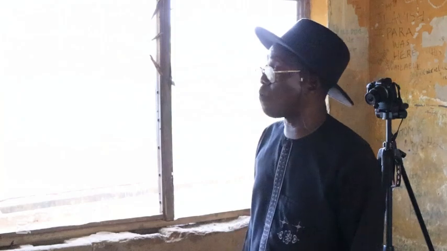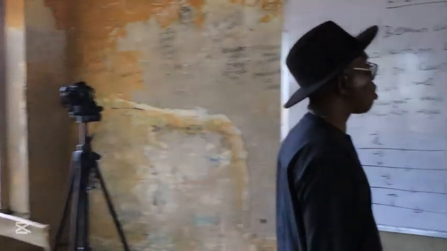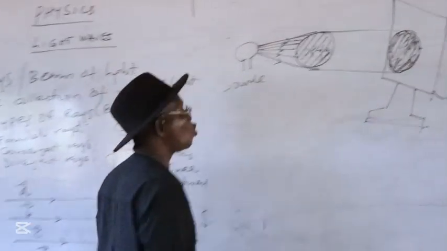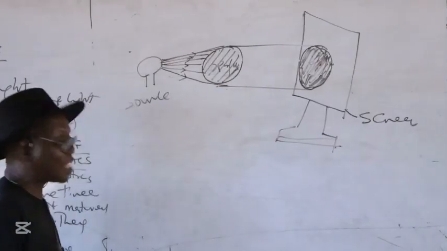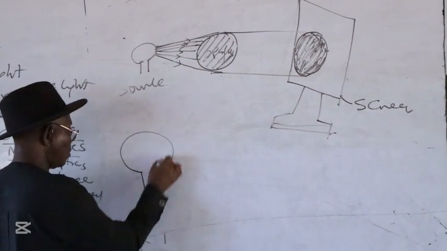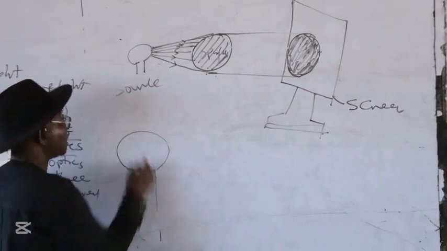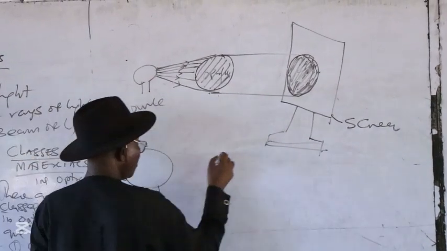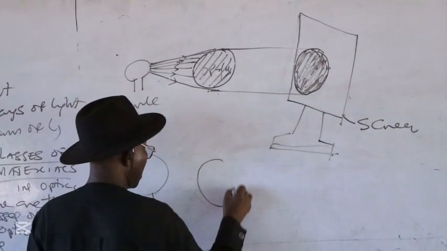If the opaque material is small compared to that of the bulb, that is, if you increase the size of the bulb so it is bigger than this, then you have the opaque material here.